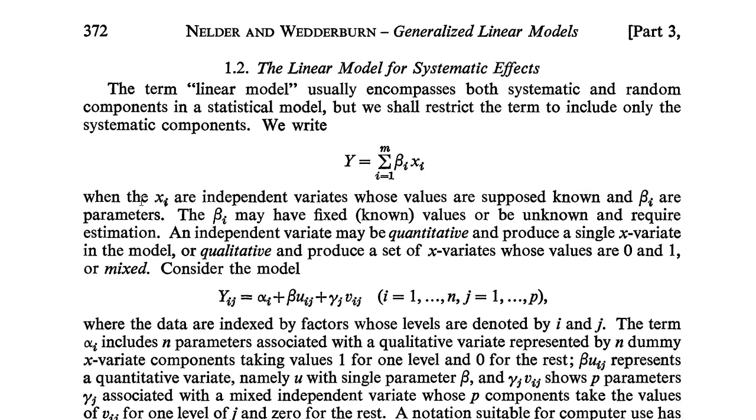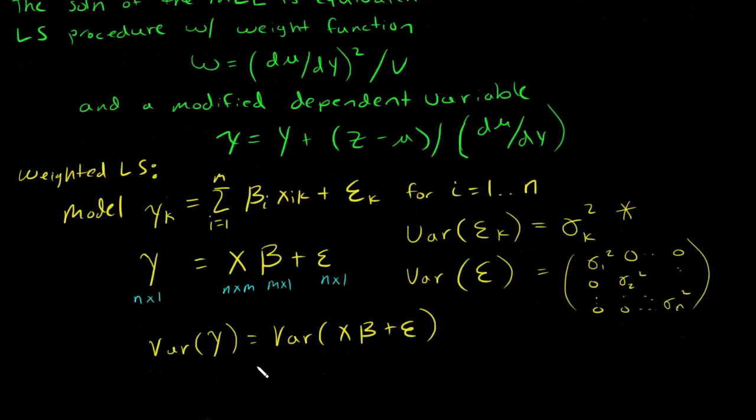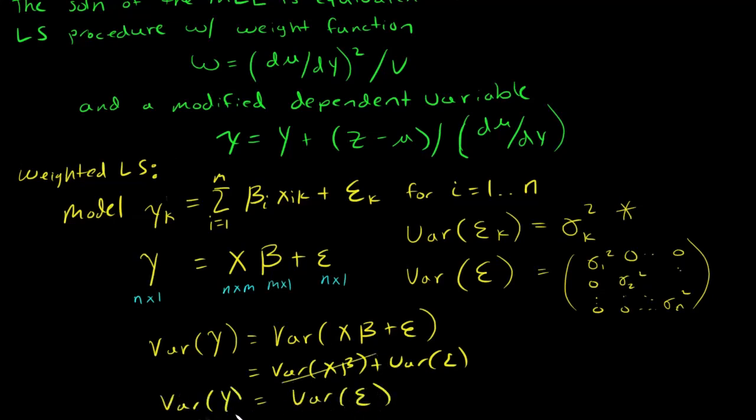Because their values are supposed to be known, they're not random. So its variance is 0. So the variance of x beta is 0, plus the variance of epsilon. So when you think about the variance of epsilon, you can think about the variance of y. They're exactly the same thing.